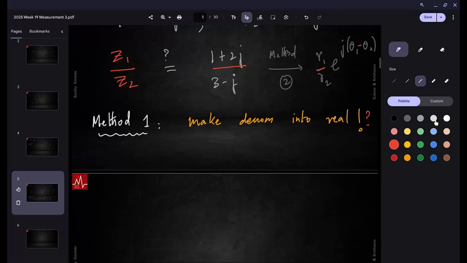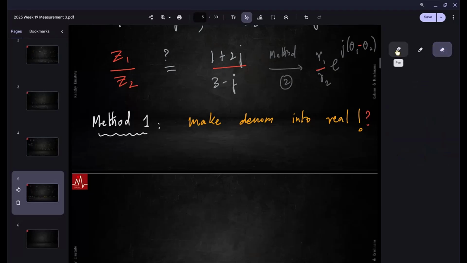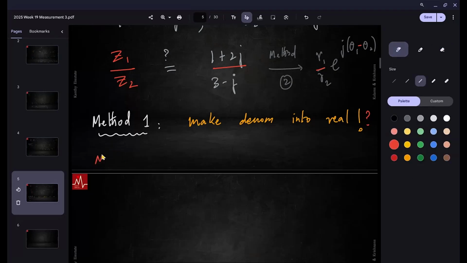So here, this is where the thing comes in. Notice, if you take a plus jb, and if you multiply by a minus jb, this is a square minus b square.